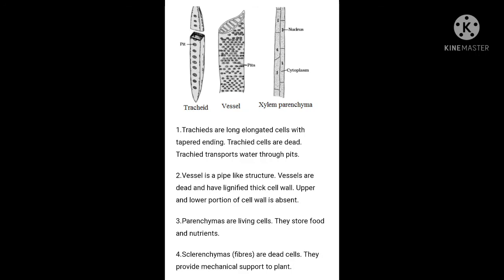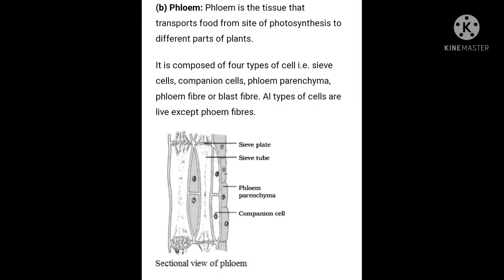Now we will move ahead with the next type of complex permanent tissue, that is the phloem. Phloem is the tissue that transports food from the site of photosynthesis to the different parts of the plant. Xylem was transporting water from the roots to the different parts of the plant, while the phloem is the tissue that transports food.